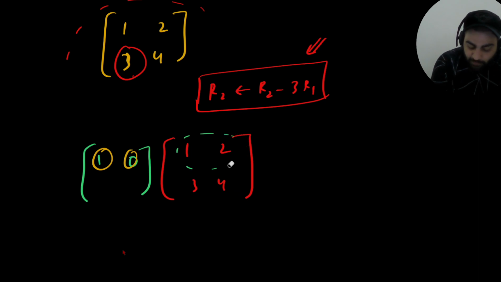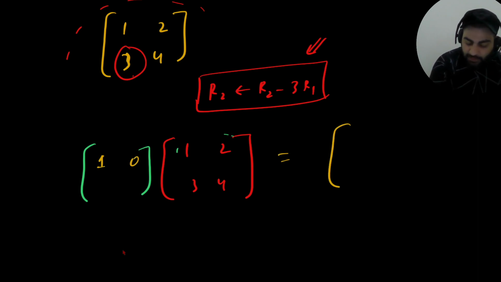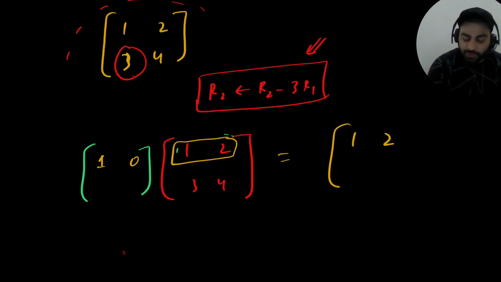If I want to keep the first row unchanged, I'll put 1 over here, because this will get multiplied to this. So the output will be 1 2, because I am leaving this row unchanged, but I have to change this row, R2 minus 3 R1.